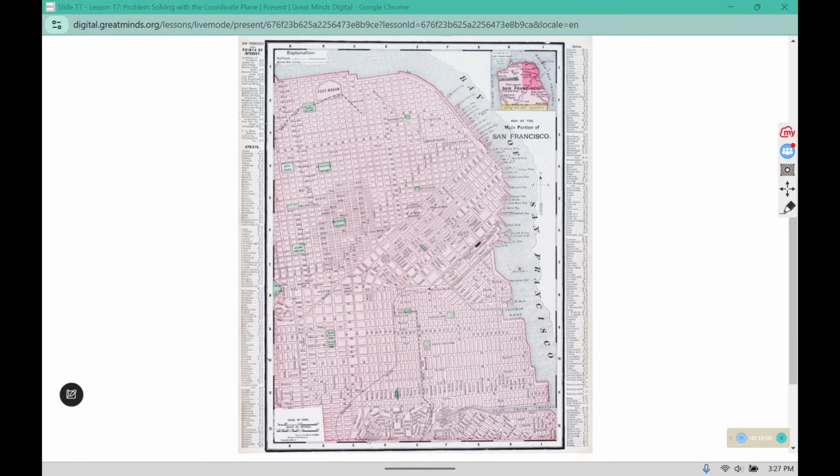How is the grid on this map similar to the coordinate plane, and how is it different? So you can see again, it's similar because it divides it into horizontal and vertical sections, but it's different because the origin would actually be in this upper left-hand corner.